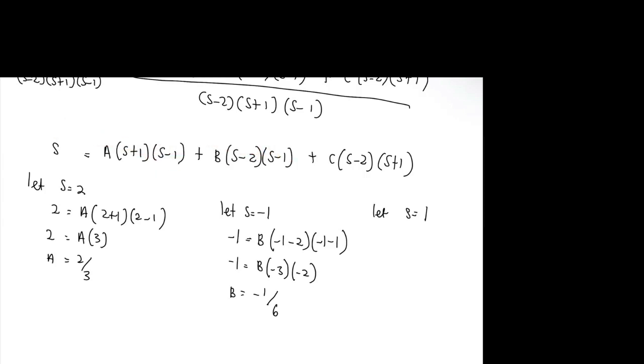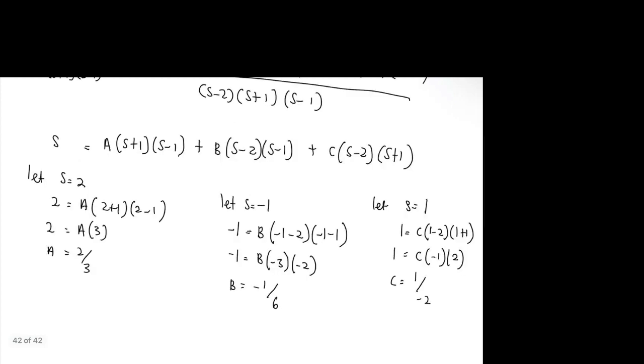So I have 1 equal to C times (1 minus 2)(1 plus 1). So 1 equal to C times 1 minus 2 is minus 1, 1 plus 1 is 2, so minus 2. C equal to 1 divided by minus 2, so negative 1 over 2.